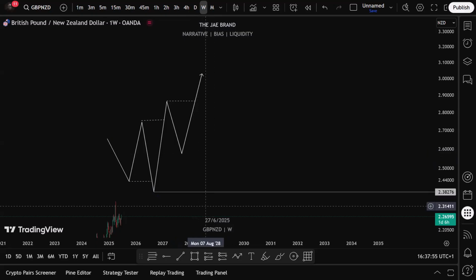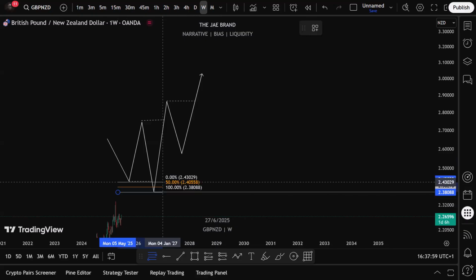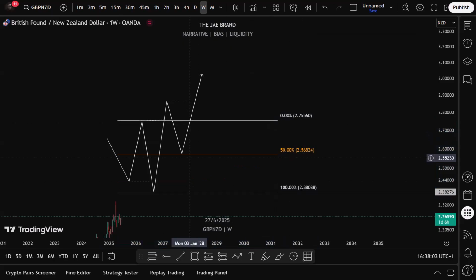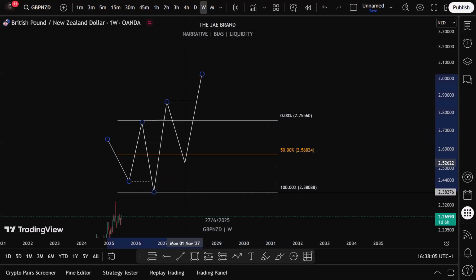To validate your structural liquidity, simply use your FIB tool, take it from the protected low to the recent break of structure. Your structural liquidity must be inside the 50% area of your swing structure. It must be in this discount area for a buy model and must be in the premium area for a sell model.